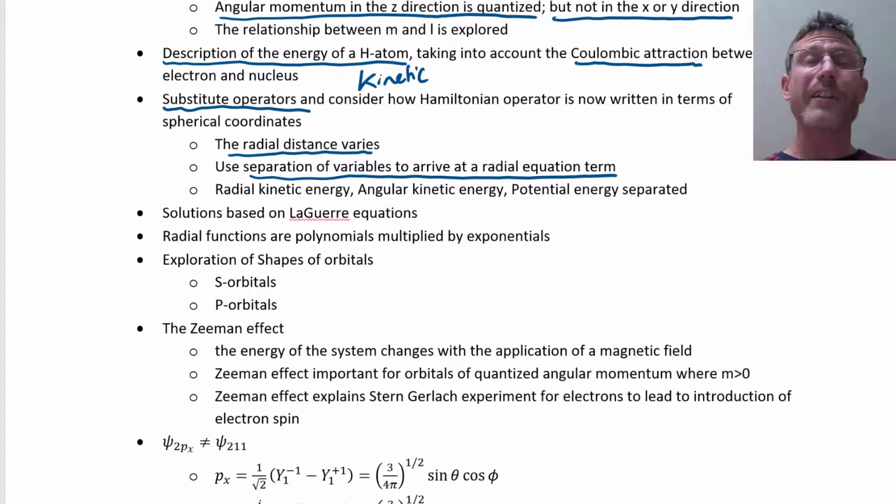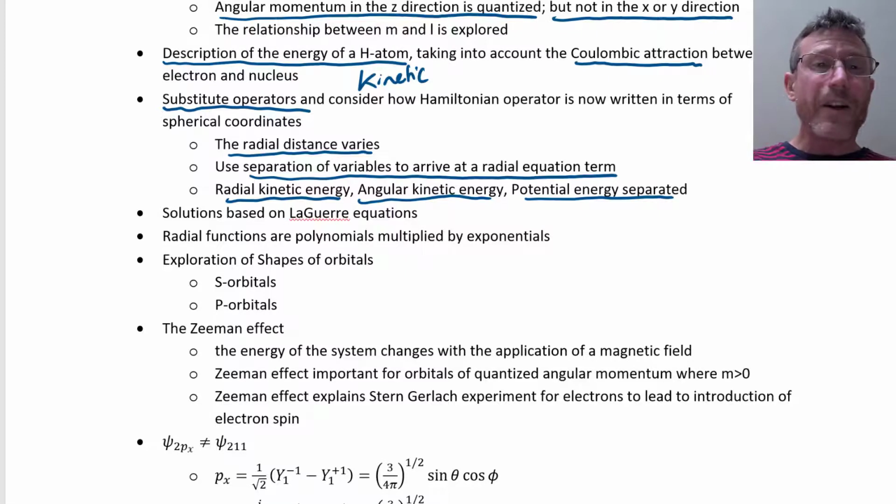Turns out for the hydrogen atom, the energy of the atom only depends on the position of the electron in the radial direction. Okay, that changes for other atoms, as we'll later go on to see. Of course, we've got a radial kinetic energy, we have an angular kinetic energy, a potential energy. We separated all of those fairly early on.